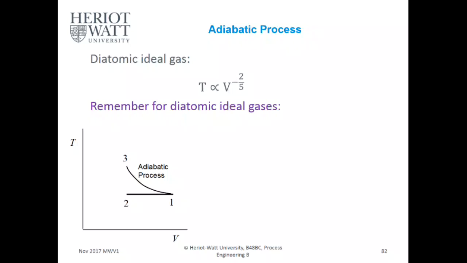If you remember, Cv equals 5 over 2 R and Cp equals 7 over 2 R. So based on that ratio, if you reduce volume by a half, so if you set volume equals 0.5, you'll increase the temperature by 1.32 times.